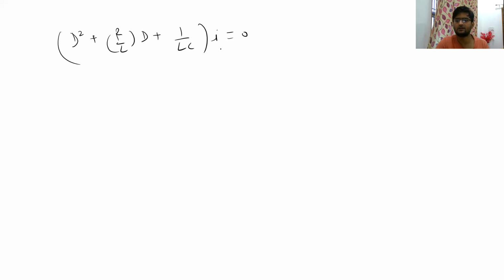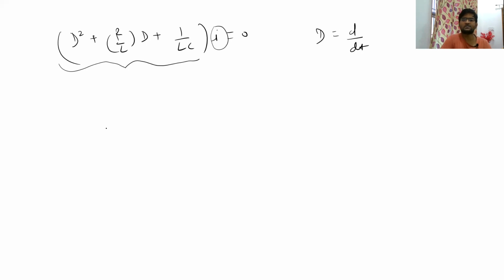You will see that this differential equation can have different solutions based on the roots of this equation. Let me also tell you that we have taken D as d by dt, a differential with respect to time, and what is getting differentiated is this current value i, right?